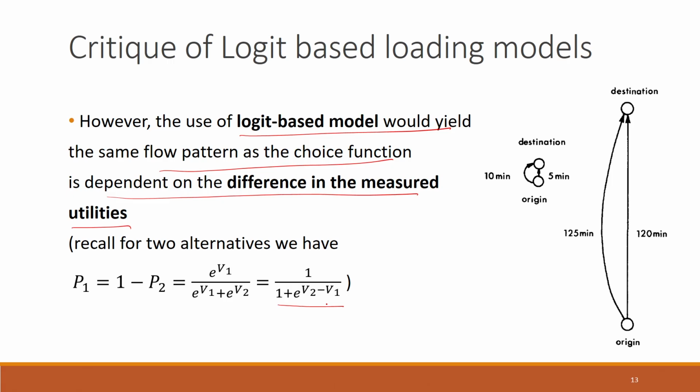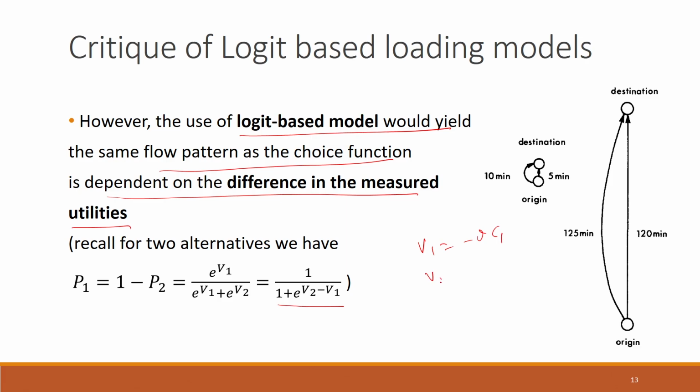Now, you can see that this expression is only a function of the difference of the measured utilities V2 minus V1. Now, you must remember that V1 will be equal to what? It will be equal to minus theta times the measured travel time of the first path.